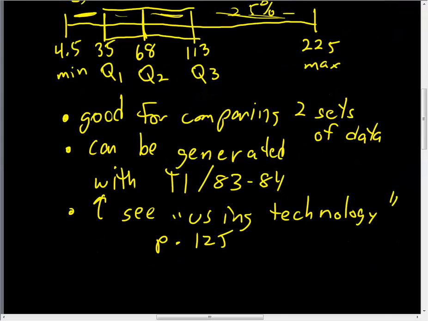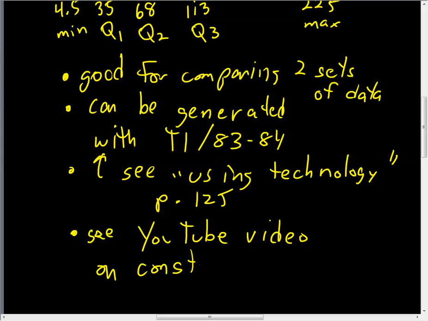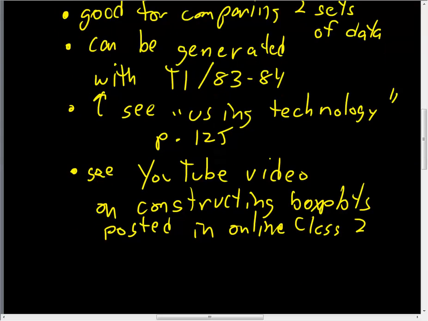It gives user-friendly instructions on how to generate these box plots, and also I have posted a YouTube video on constructing box plots, and I have located that posted in our online class 2 folder. Okay.